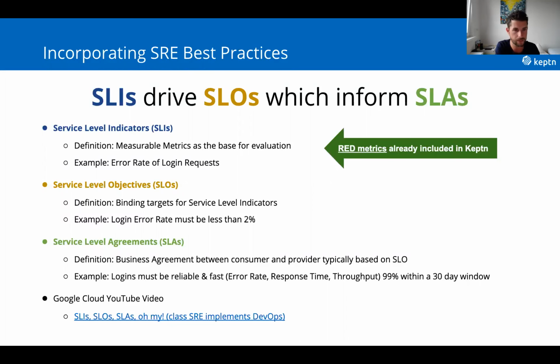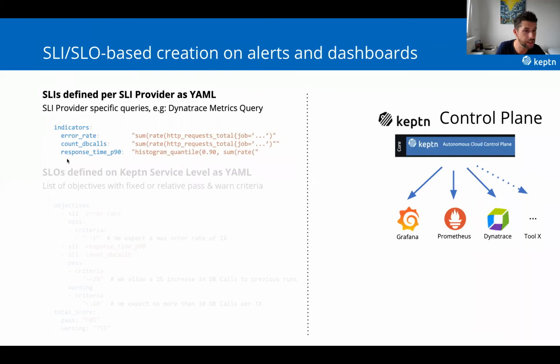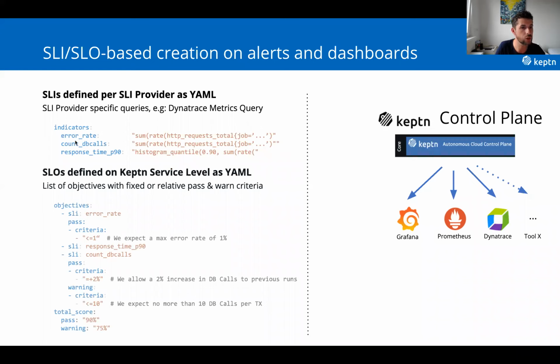So as an example here, we would have a service level indicator file. On the left-hand side, we have the name of the service level indicator. On the right-hand side, we would have the Prometheus query, basically how to get this error rate. So you can just say it's a key-value pair. And then in the service level objective file, you can reuse this.